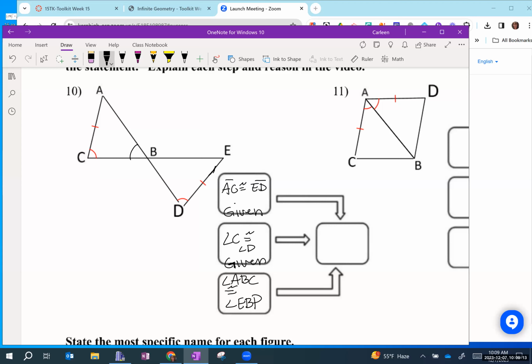Okay, so why are these angles congruent? Vertical angles are congruent.